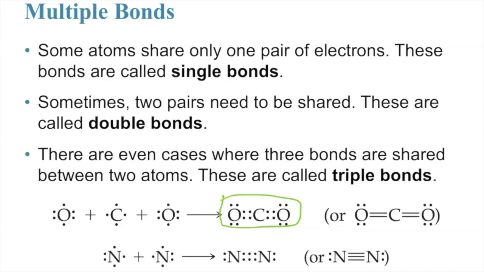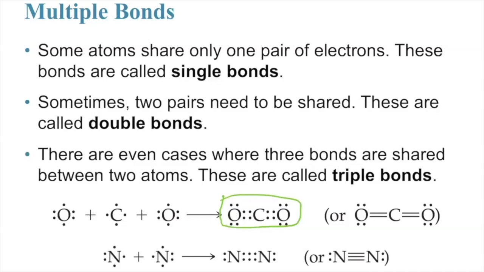So carbon goes in the center, and if you only put one bond with oxygen, notice that we have 1, 2, 3, 4, 5 leftovers, which is not okay because now carbon doesn't have the octet.